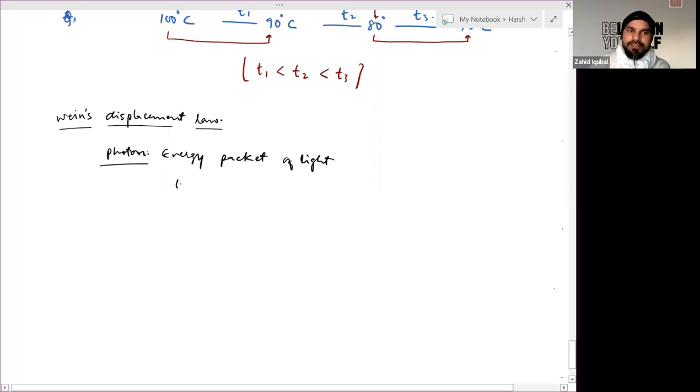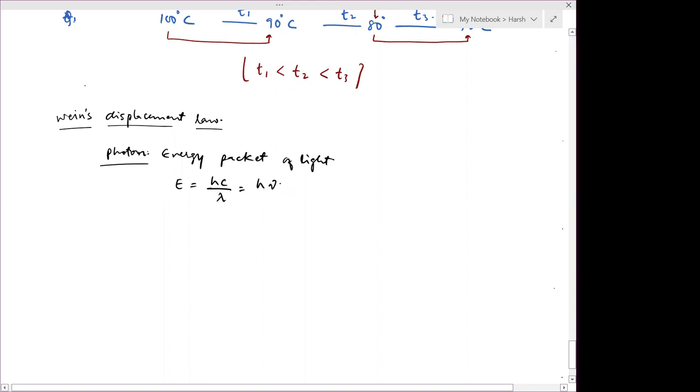So it will have energy E equals hc by lambda, or simply h times nu, where h is Planck's constant, c is speed of light, and lambda is its wavelength. Is it clear? Yes, sir.